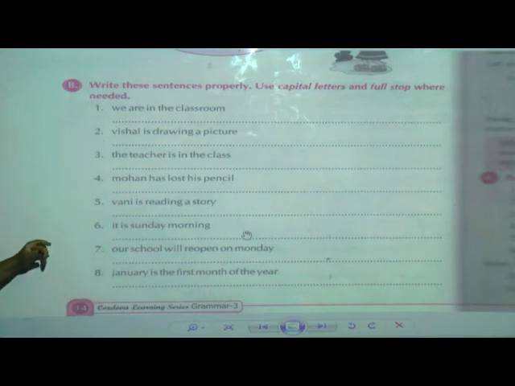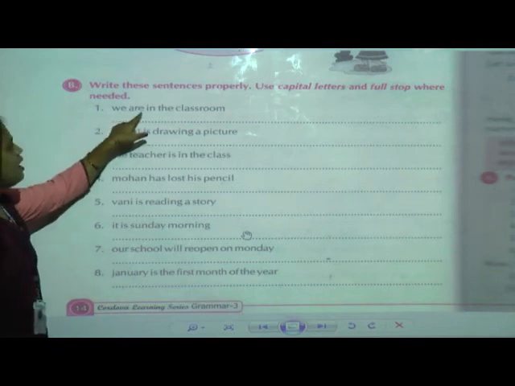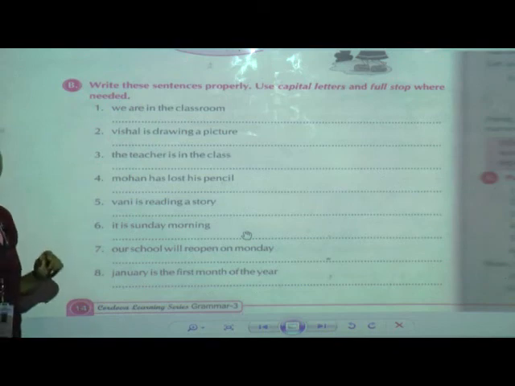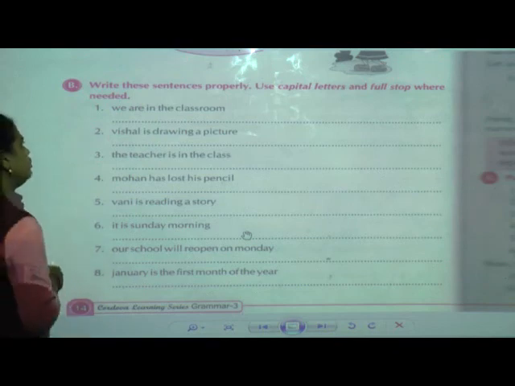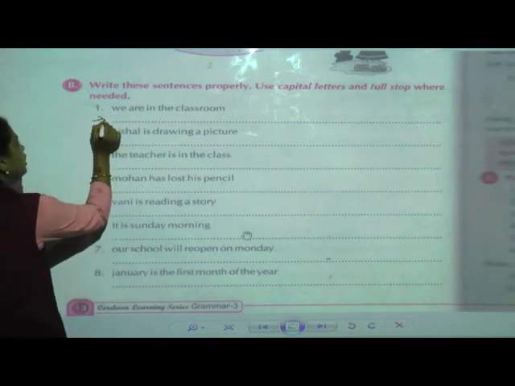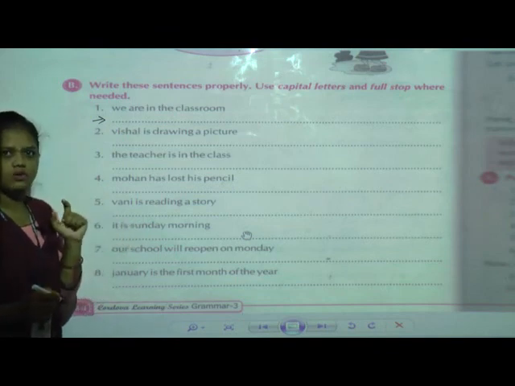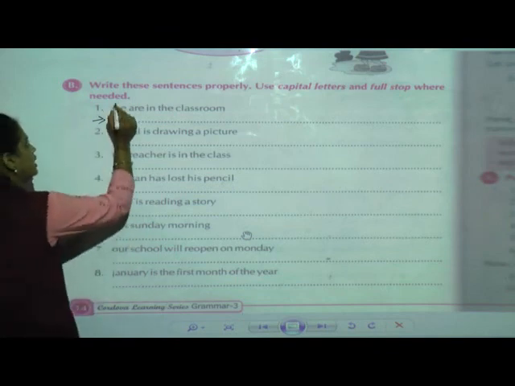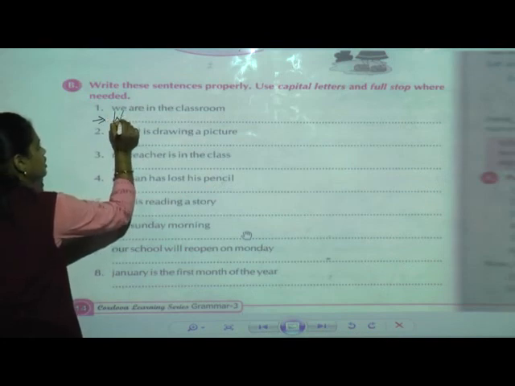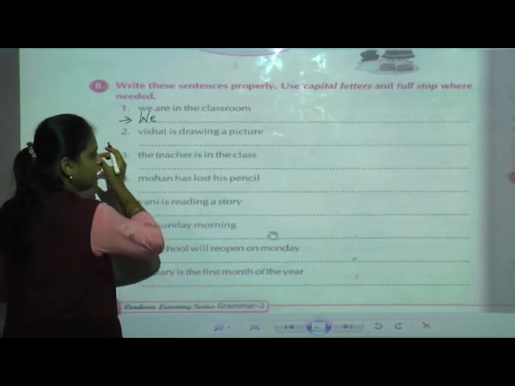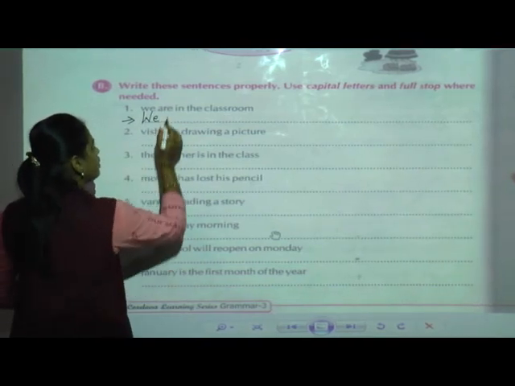Now the first one given is, we are in the classroom. We are in the classroom. Now what we have to do here, we have to always start the sentence with a capital letter. First, W I write as a capital letter, then the remaining letters we write in small.